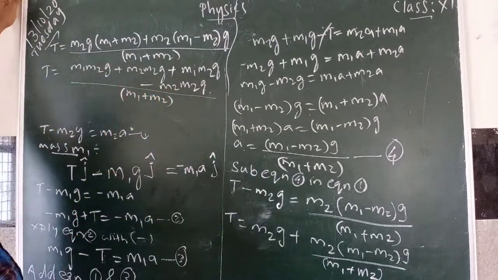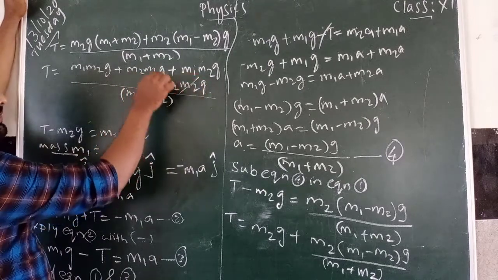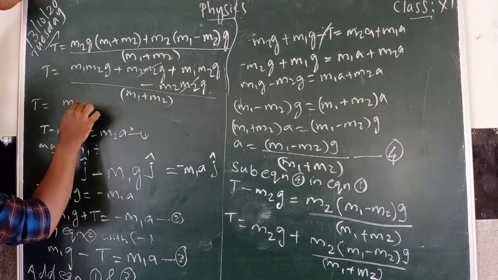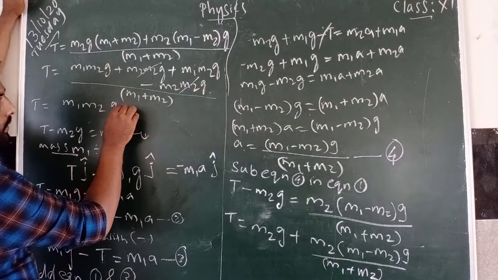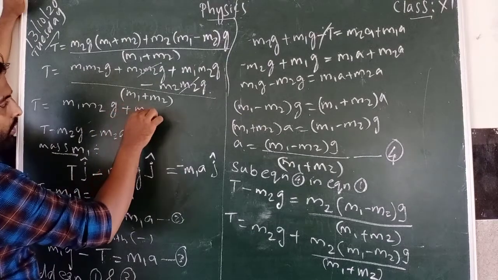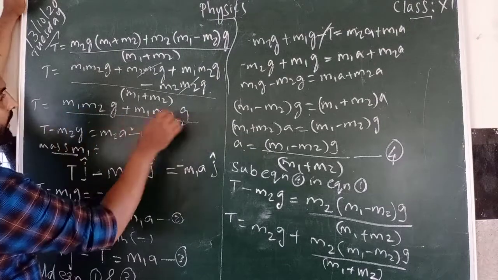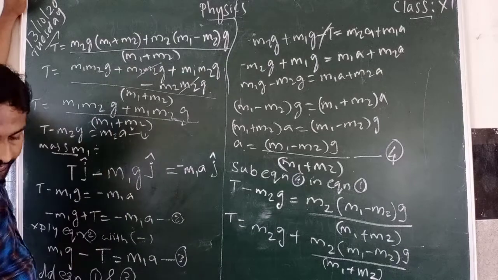Now plus M2 M2 G minus M2 M2 G cancel. So T is equal to M1 M2 G plus M1 M2 G divided by M1 plus M2.